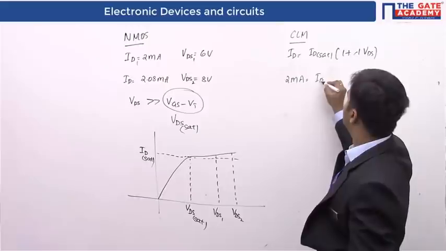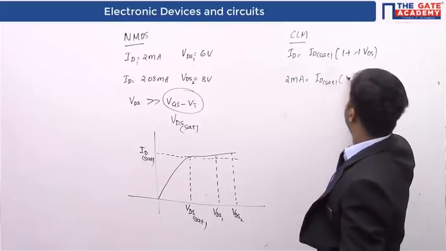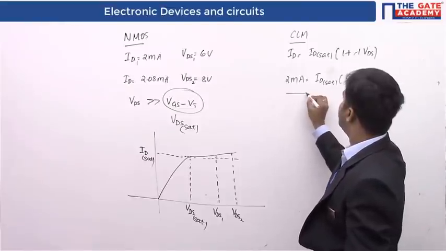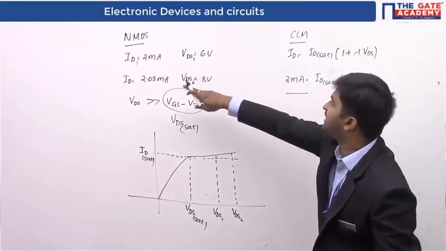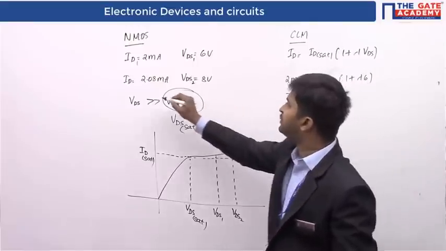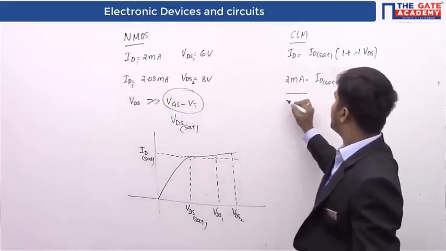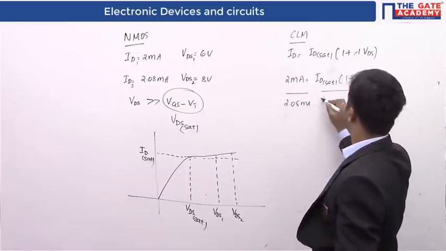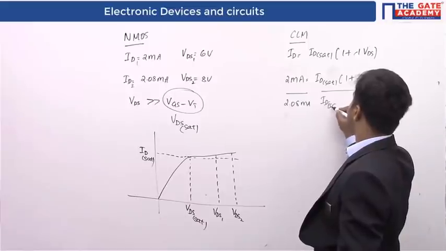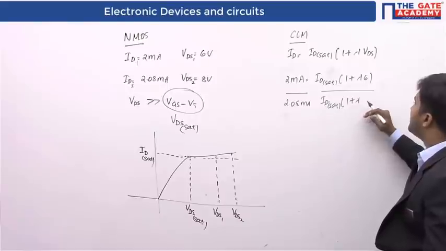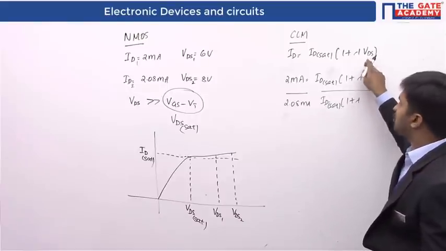In the first case, ID1 is 2 milliamperes. ID sat we don't know, into 1 plus lambda times 6 volts. Writing the second case, ID1 by ID2, ID2 is 2.08 milliamperes, divided by IDS sat into 1 plus lambda times 8 volts.